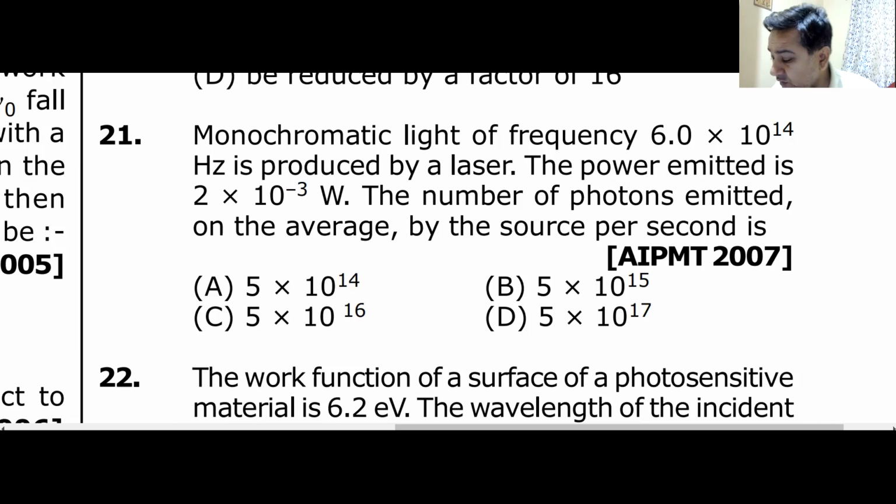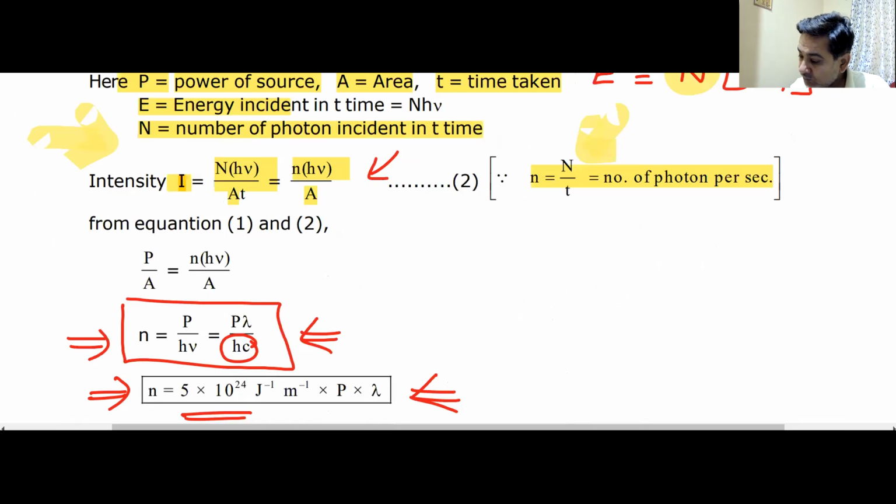You already know the formula. The formula is here. The shortcut is only for lambda, so we can't use that shortcut. We can also use a shortcut: put lambda c is equal to f lambda, so you can put the value of lambda and get the answer straight away. Yes or no?